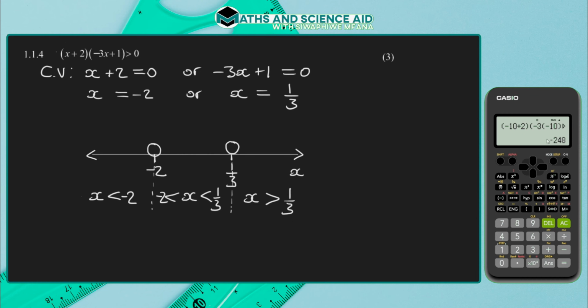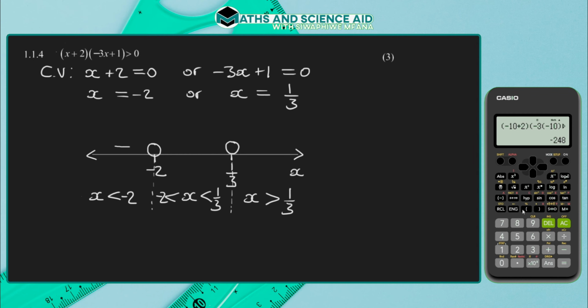You see that if you use negative 10, you get a number that is negative. So here we write a negative, because this is showing us that this expression is going to be negative for values of x that are less than -2.